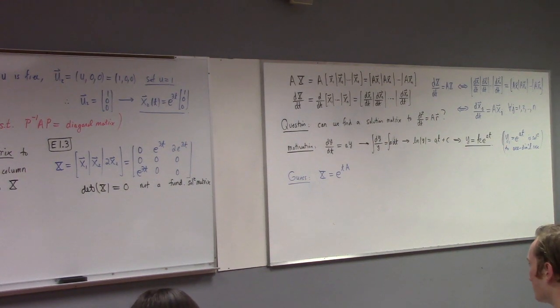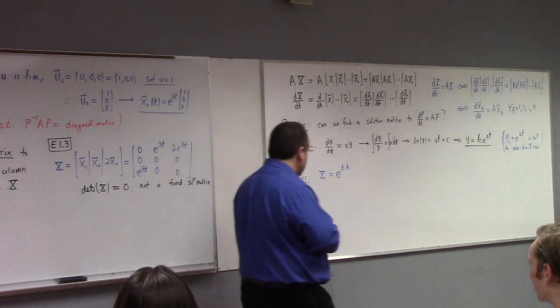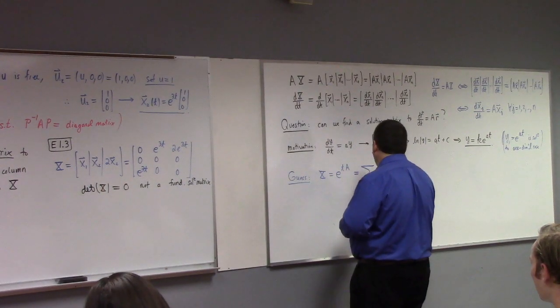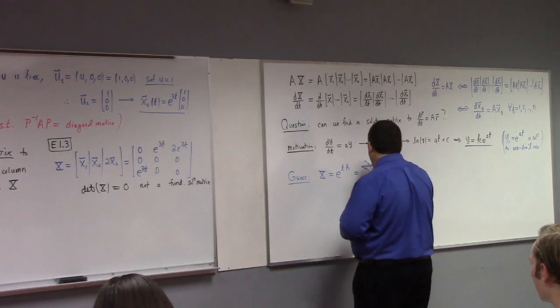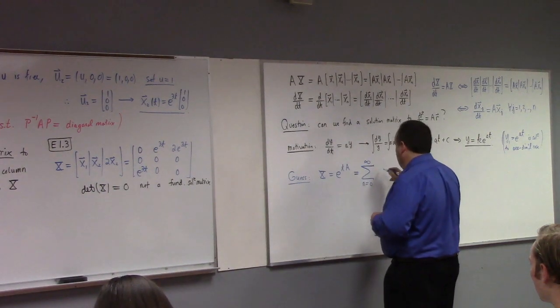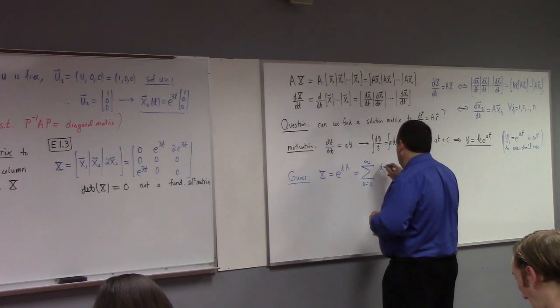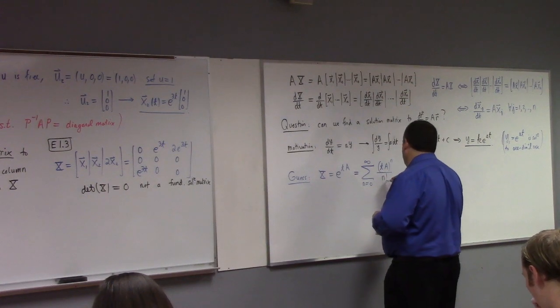How do you take the exponential of a matrix? Care to guess? The answer is one of your favorite things from Calculus 2. We do the sum from n equals 0 to infinity of tA to the power n over n factorial.